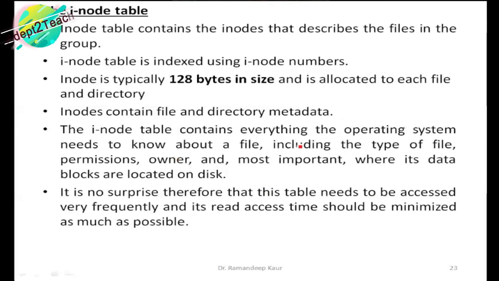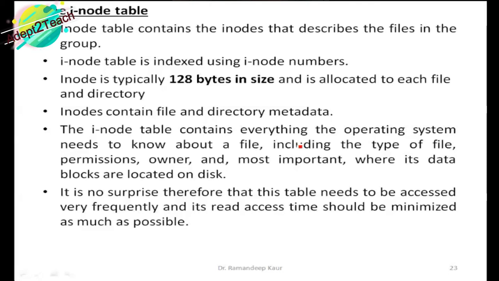Now coming to our inode table. This inode table is basically 128 bytes in size, and for every file or directory a unique inode number is identified. Now it treats directories, devices, media, everything as a file. So whether it is actually a file or a directory or a media, a movie or an audio, everything will be treated as a file.